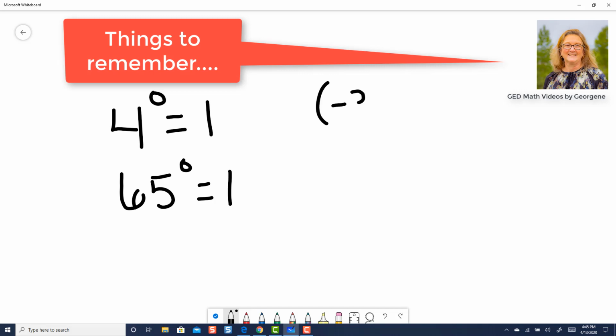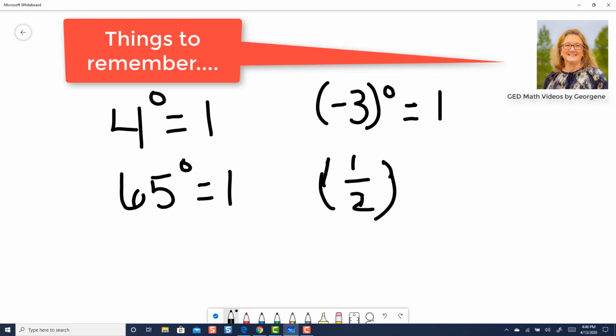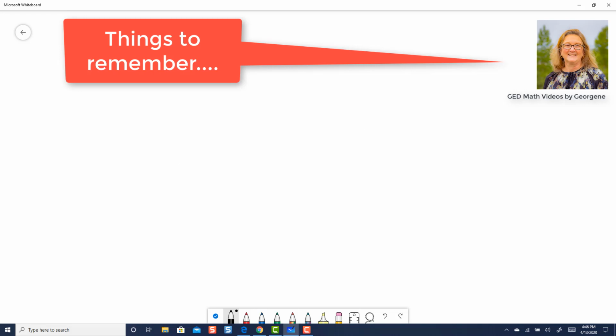A negative 3 raised to the 0 power equals 1. And if you have a fraction such as 1/2 raised to the 0 power, it will equal 1.